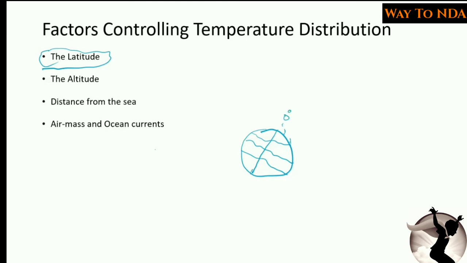Here it will be maximum, but as you go away from this 0-degree latitude, that is the equator, the temperature will go on decreasing on both sides.